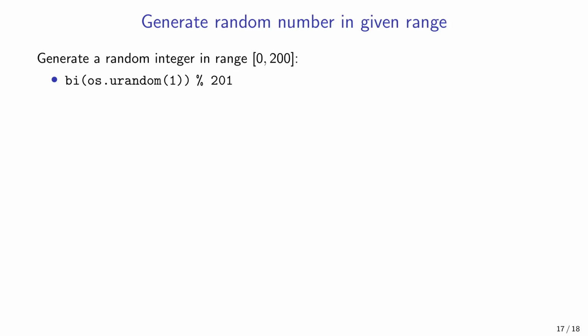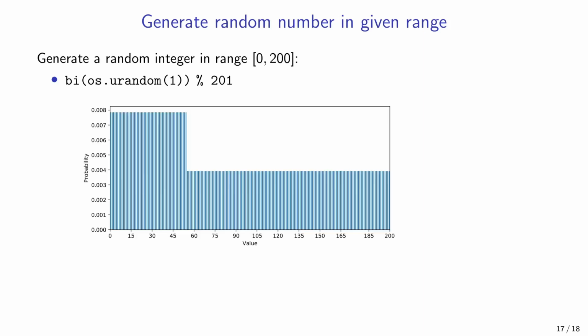A simple fix would be to reduce the value modulo 201. This would guarantee that the result will never be larger than 200. It would indeed work, but the problem is that the result will not be a random value in range 0 to 200. So if you look at the probability distribution of values generated by this code, we can see that the distribution is not uniform. We see that the values from 0 to 54 will be twice more represented than the values from 55 to 200.